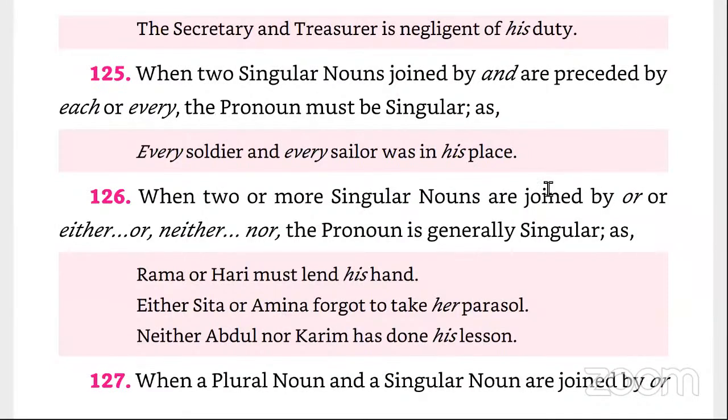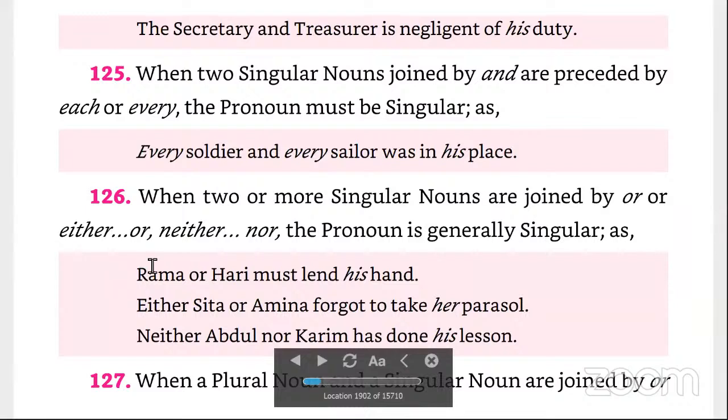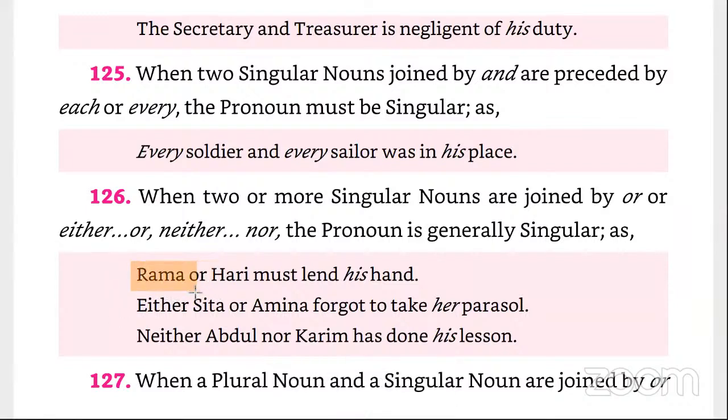Next, when a plural noun and a singular noun are joined by or. Till now, we have been witnessing two singular nouns joined. Rama is a singular noun, Hari is a singular proper noun, Sita, Amina, they are one, Abdul, Karim, they are one.